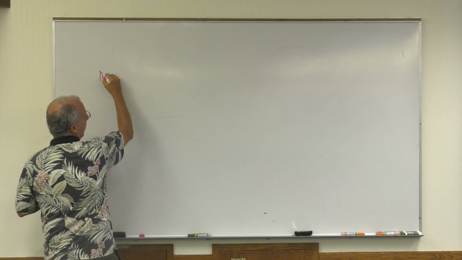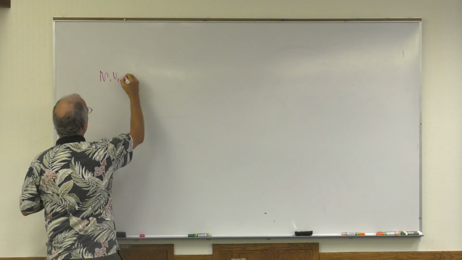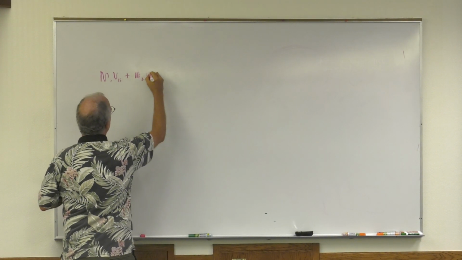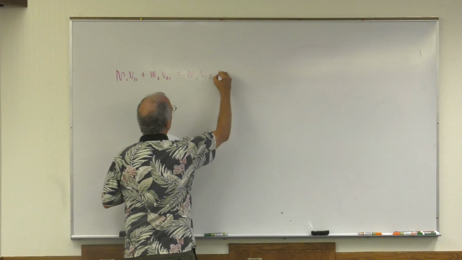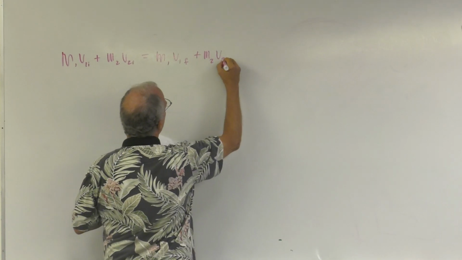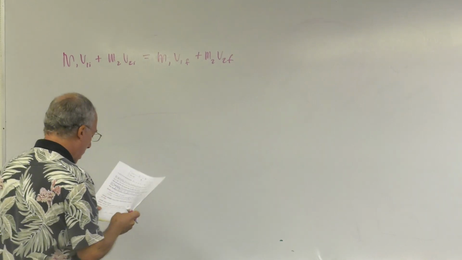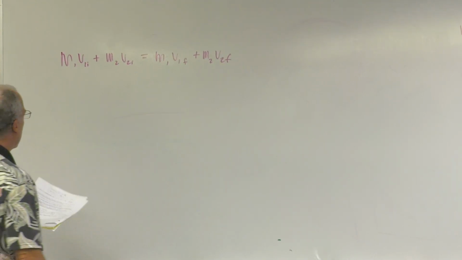So we have m1v1 initial plus m2v2 initial equals m1v1 final plus m2v2 final. So that's momentum conservation. Now let's do kinetic energy conservation.